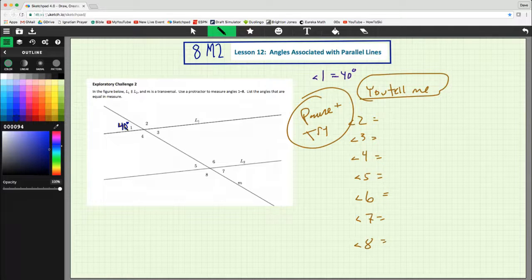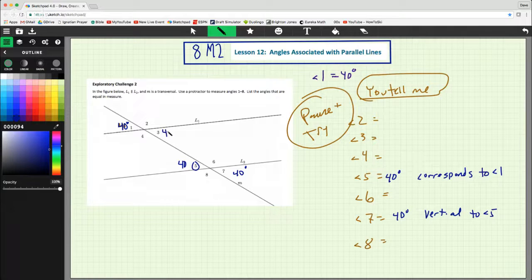Well, okay, angle 5 corresponds. So angle 5 is 40 degrees because it corresponds to angle 1. Angle 7 is equal to 40 degrees because it's vertical to angle 5.